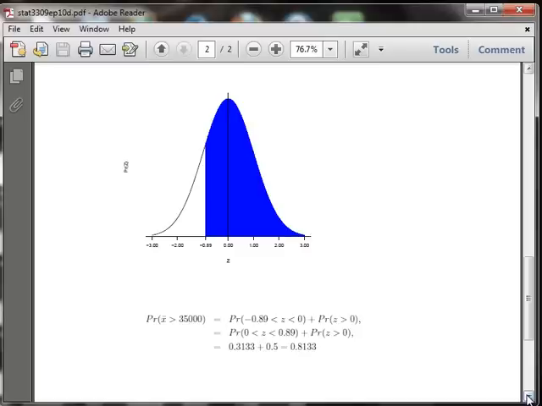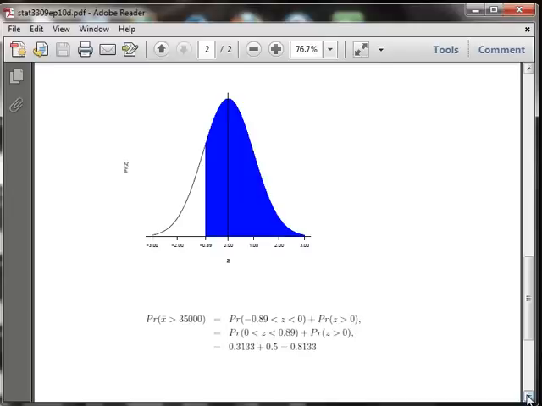That's your right hand half. And because the first term still has negatives, we can write it due to symmetry as the probability that z is between 0 and 0.89 plus the probability that z is greater than 0.